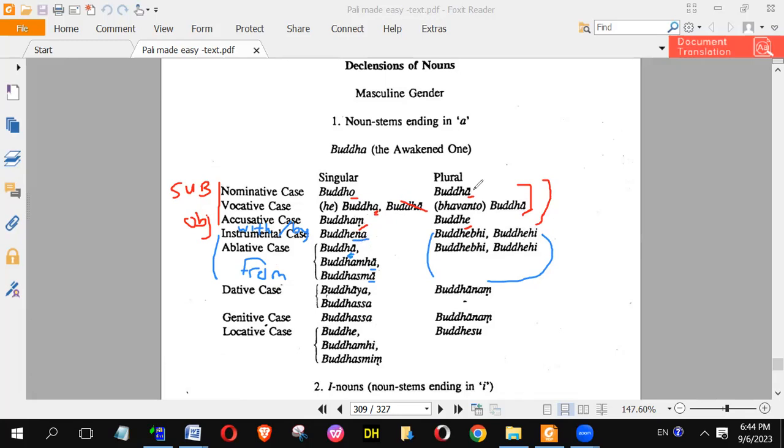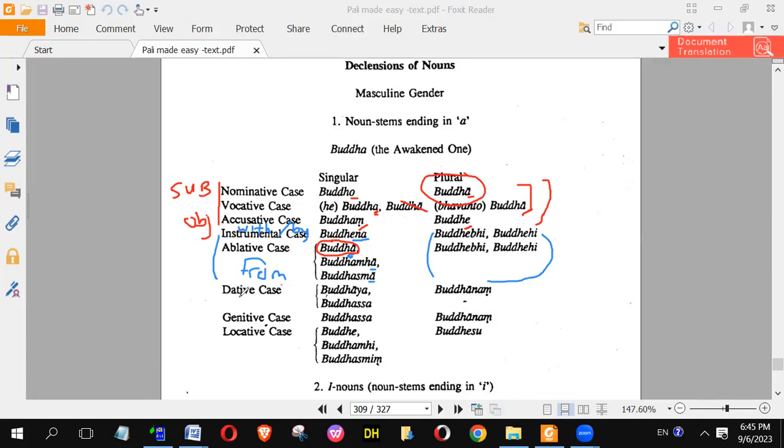This Buddha and that Buddha are different: this Buddha is the ablative, while the other is the plural. It might lead to some confusion, but one is ablative and the other nominative plural. And these two are the same: instrumental Buddhebhi, Buddhehi.